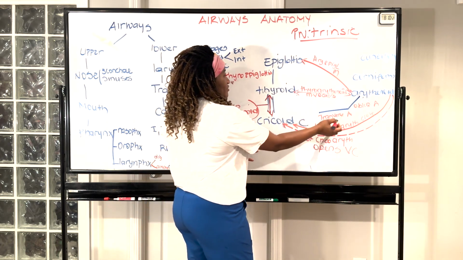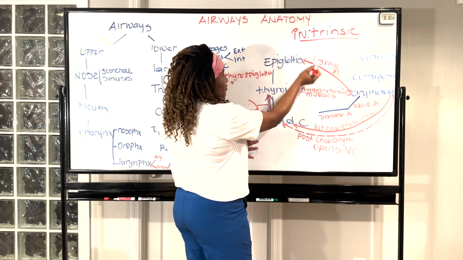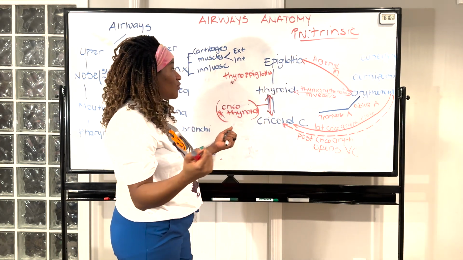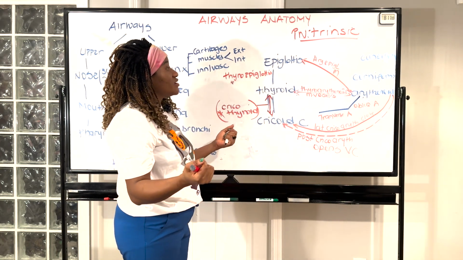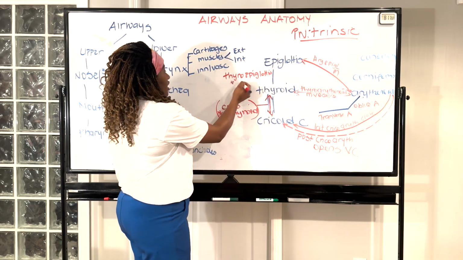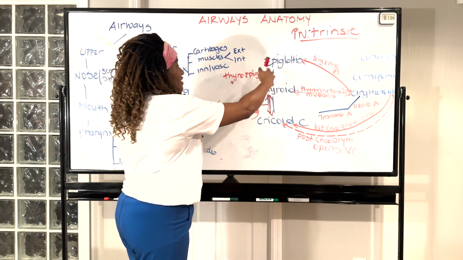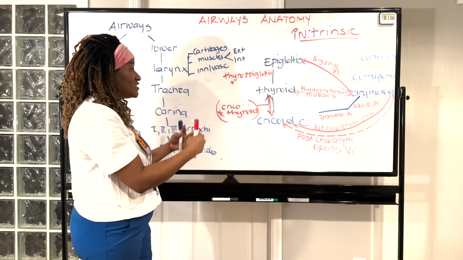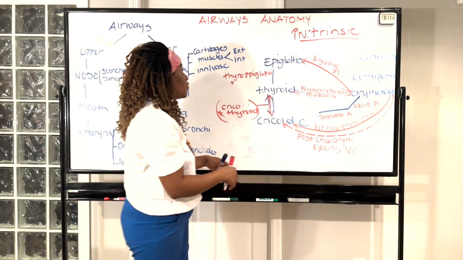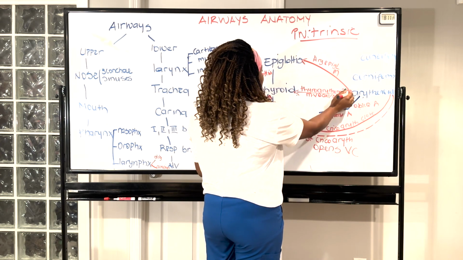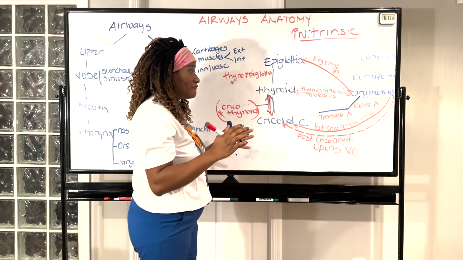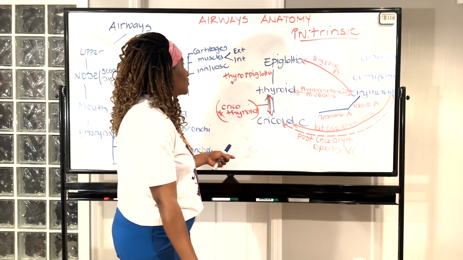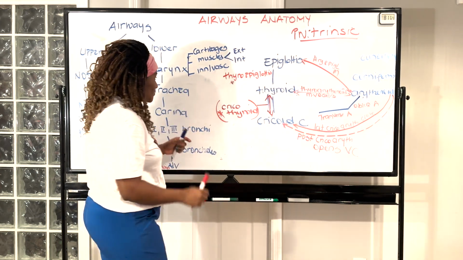The transverse and oblique arytenoid with the aryepiglottic help shut down the vocal cord during deglutition. Thyroepiglottic widens the inlet. Cricothyroid, the only muscle that is outside, tenses the vocal cord. The thyroarytenoid has the vocalis muscle that helps relax the vocal cord. I hope this was helpful.